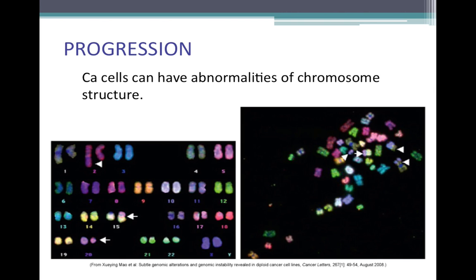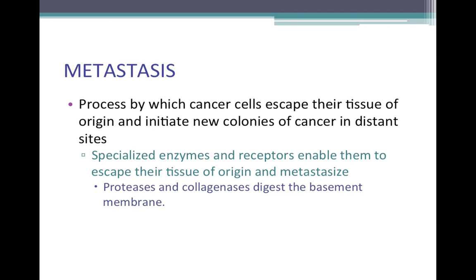Now, metastasis is the process where cancer cells can really break free and spread to other sites of the body. This is kind of where they escape from their original tissue and form colonies in distant sites. Now, there's different enzymes that these cells can release that can make them better able to digest through their own tissue and spread to other tissues in the body.